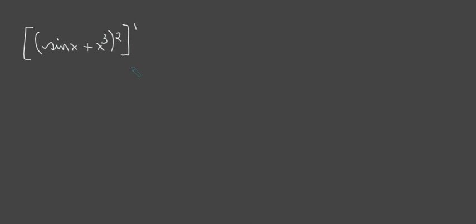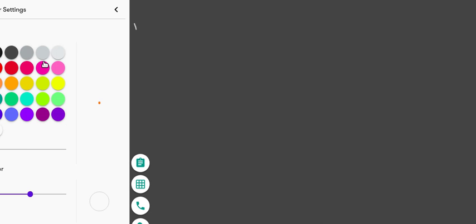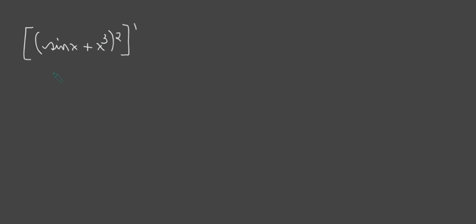So first of all, you need to identify, let me change color here please. You have to identify what is the outermost function. So here the outermost function is the function something squared.